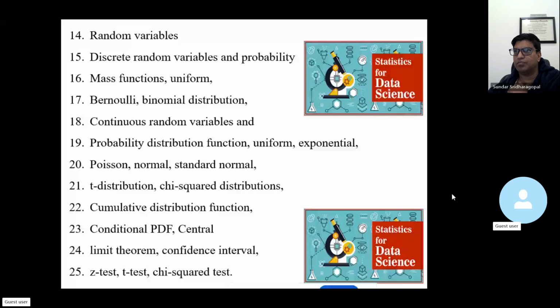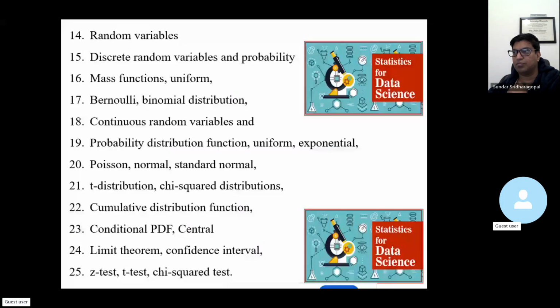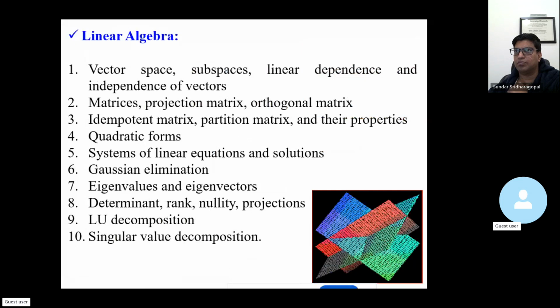This is called the central limit theorem. Then Z test, t test, and chi-square test, we are performing for verification and validation of whether our model is correct or not. Then linear algebra, we are covering vector space and linear dependence and independence of vectors. And we are performing matrix operations like addition, subtraction, multiplication, division, projection matrix, orthogonal matrix.